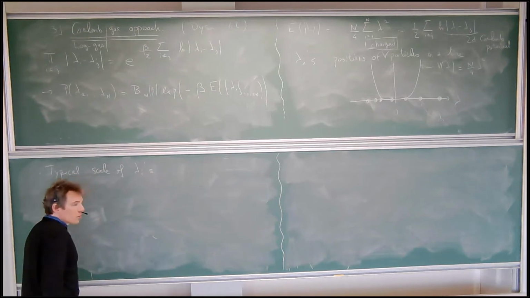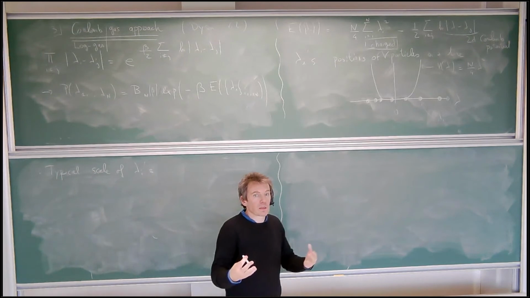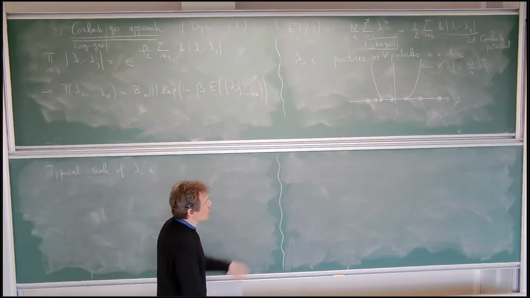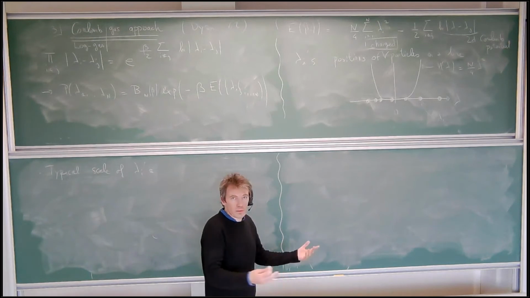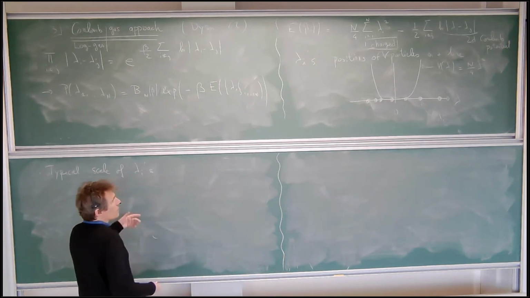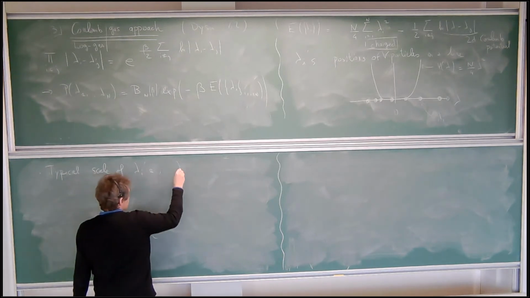So I will assume that all the lambda i's typically have the same scale. So I want to understand how it scales with n. Is it proportional to square root of n? Is it proportional to a constant, so n to the power 0, whatever. And I will assume that all of them typically have the same scale. And I will call this scale lambda typic.